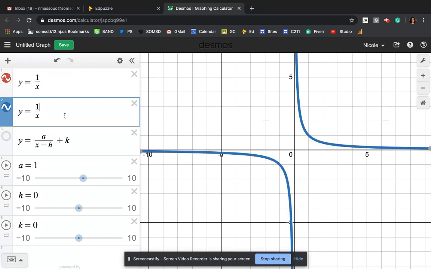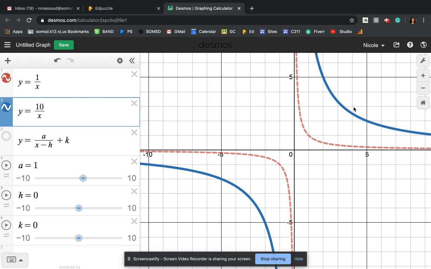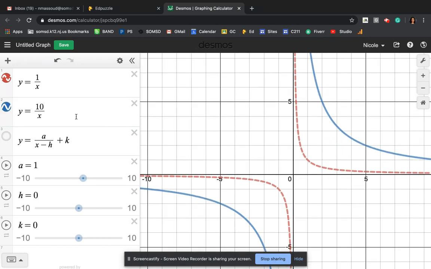Well, you can see that this whole thing right here became less, in a way, steep, right? It became a little bit further out. It expanded is the word, right? It expands when you put a number that is bigger than 1 up here. Basically, you're multiplying. That's your a value, kind of like in a quadratic function or any other function that we've done at this point.